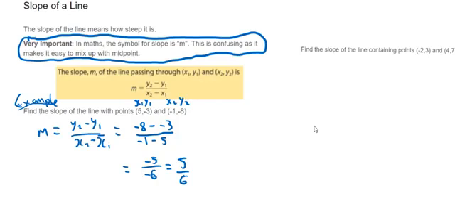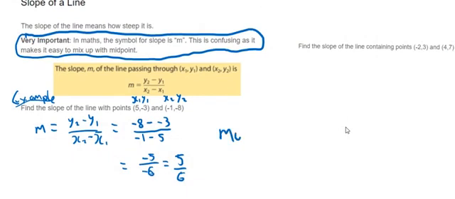You would think they would use s because s is the first letter in slope, but no, it's m. The reason I heard before is that it comes from the French word monter, which means to climb, so that's where the symbol m comes from. It just makes your life a little bit more confusing.